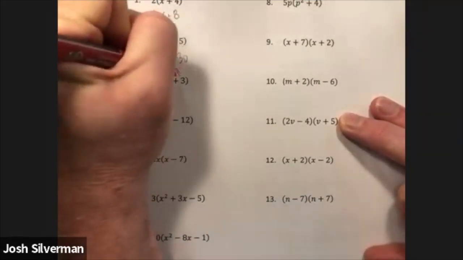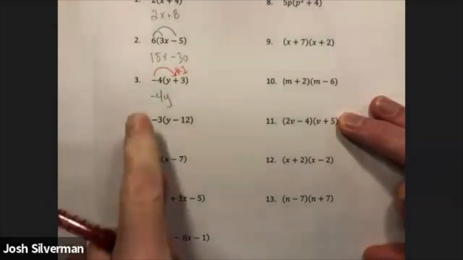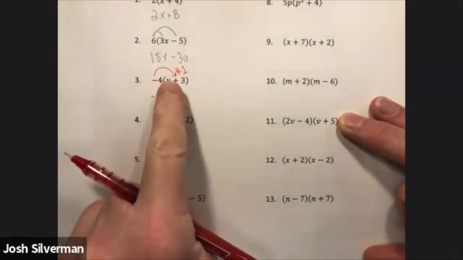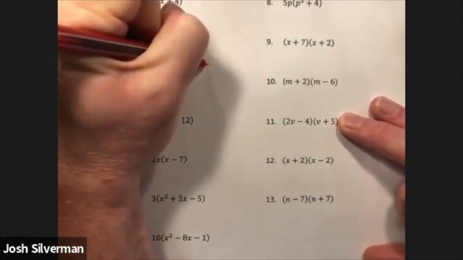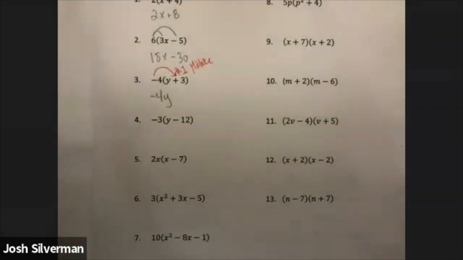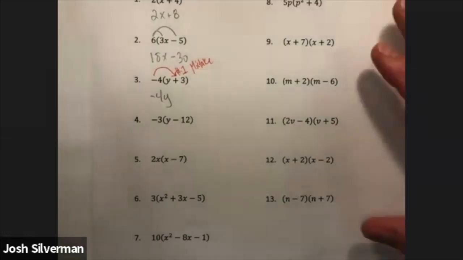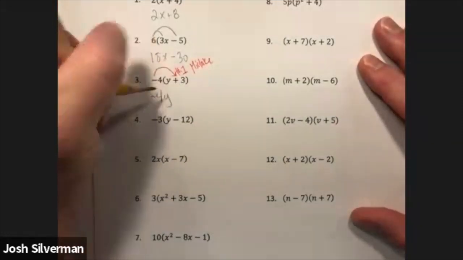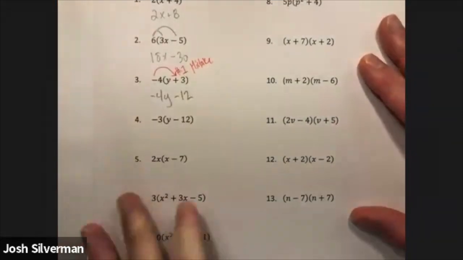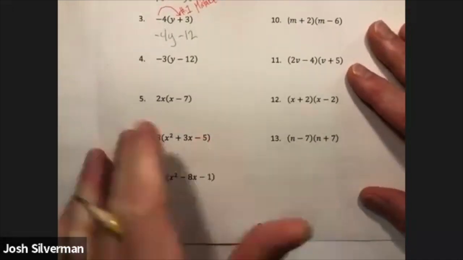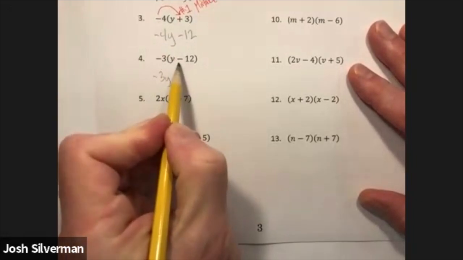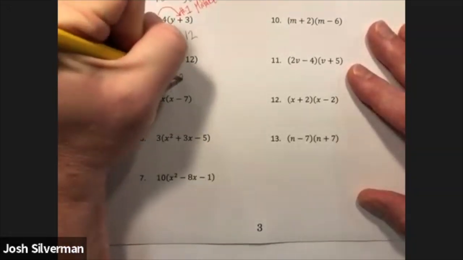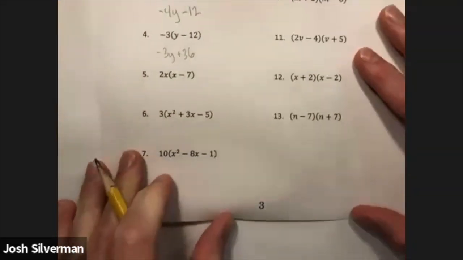Failing to distribute the sign to the second term. That is the number 1 mistake in all of algebra. If you're going to get something wrong, that's probably what it's going to be. Negative 4 times positive 3, that's a negative 12. Keep it going. Negative 3 times y, negative 3 times negative 12, positive 36.